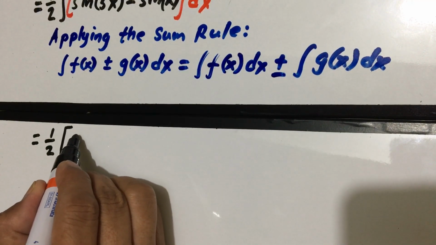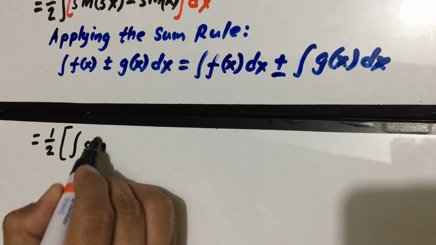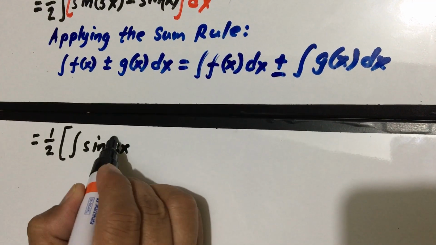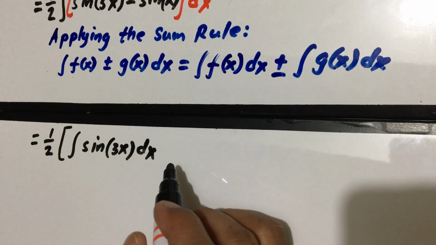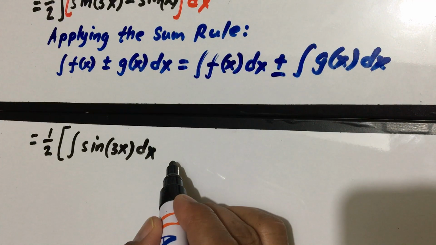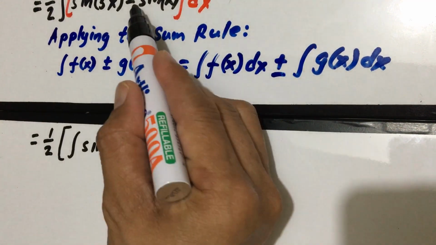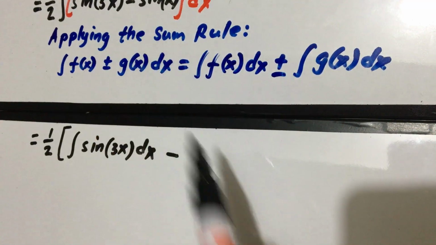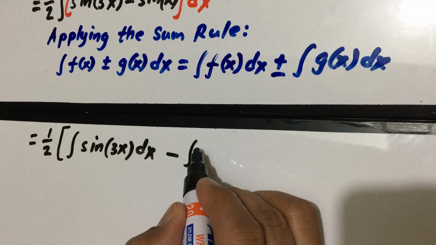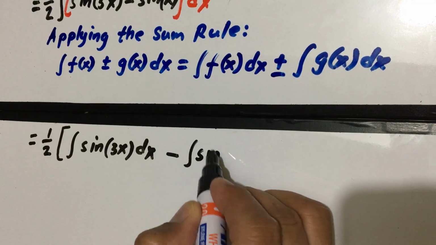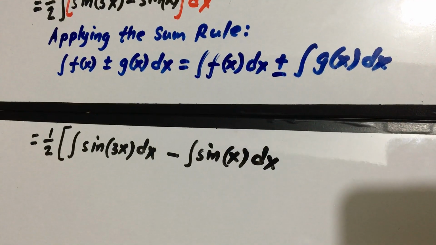So this becomes the integral of sine 3x dx, then sorry, this is minus, because it's minus here. So minus the integral of sine x dx.